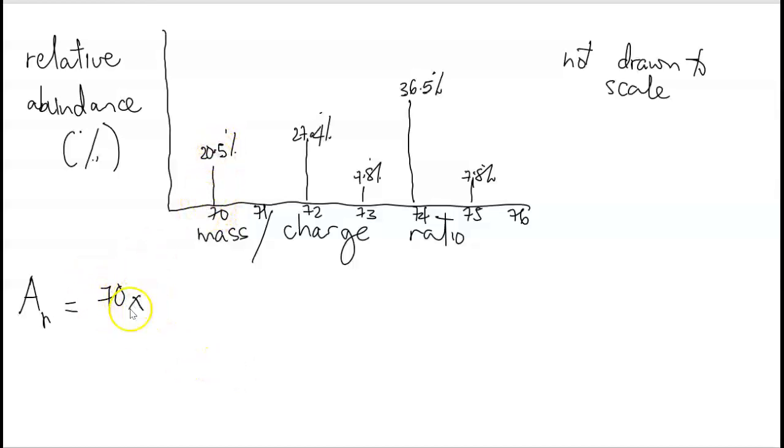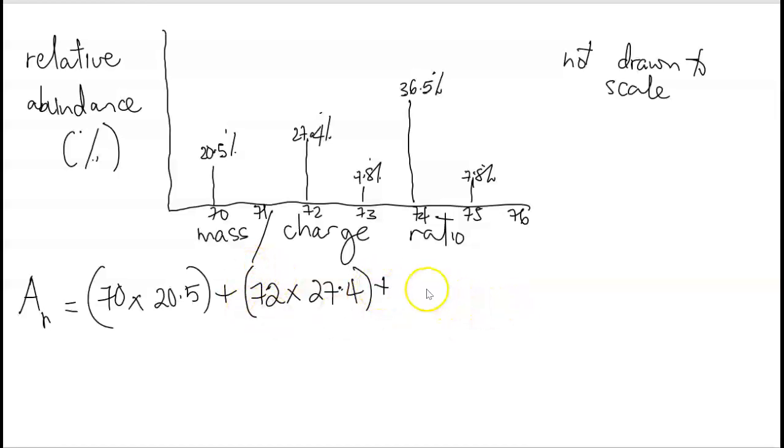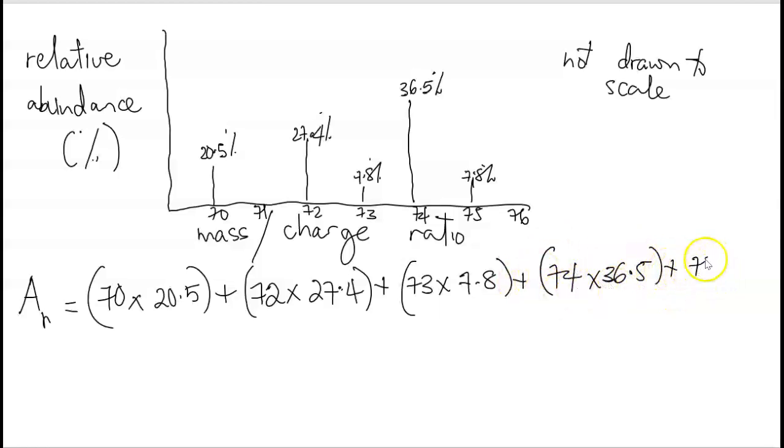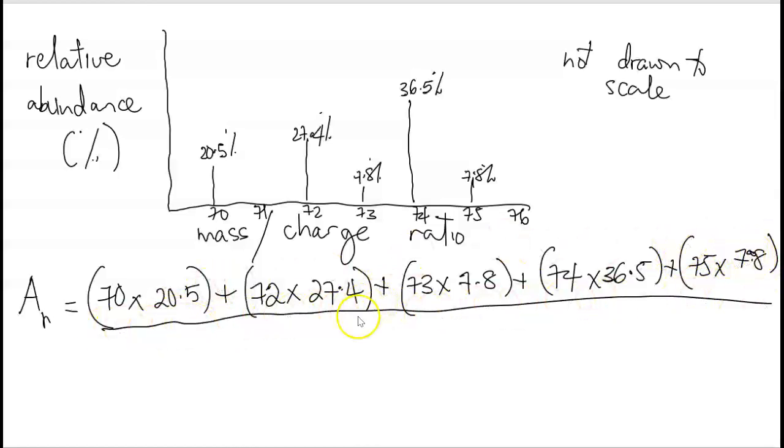Mass 70 multiplied by 20.5, plus 72 times 27.4, plus 73 multiplied by 7.8, plus 74 multiplied by 36.5, plus 75 multiplied by 7.8, divided by 100, since percentage abundance is out of 100%.